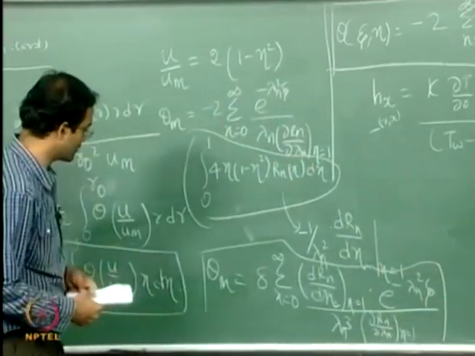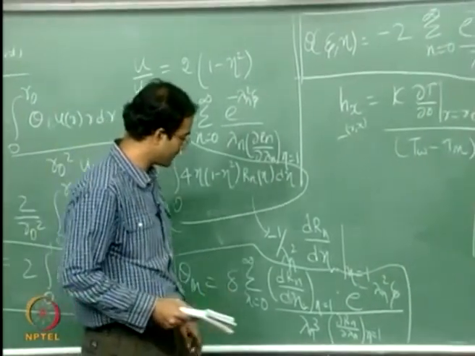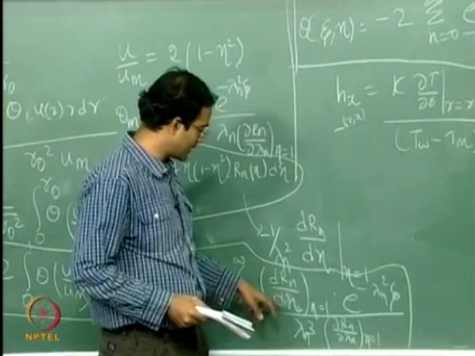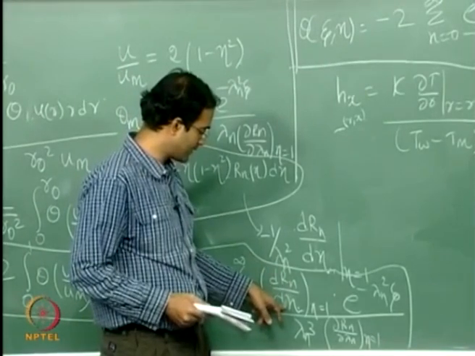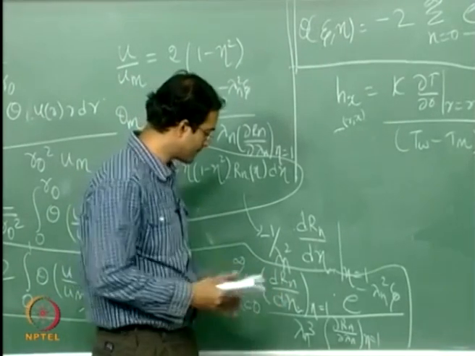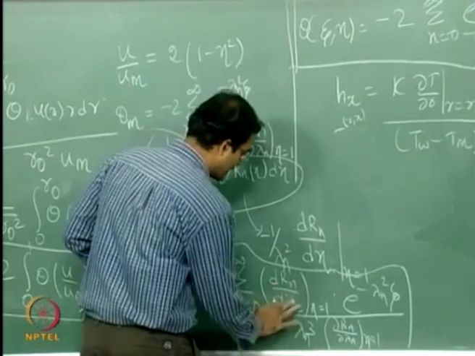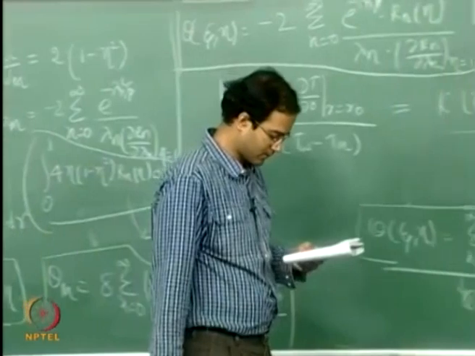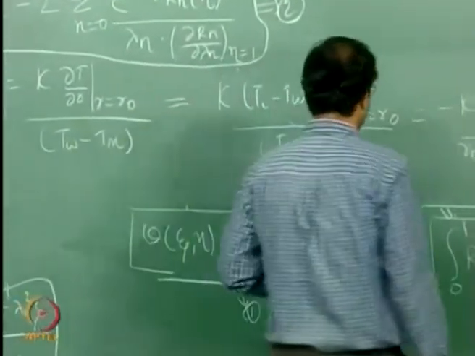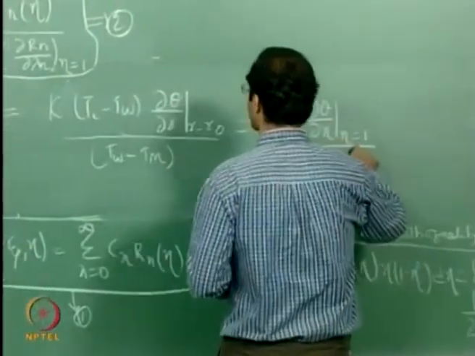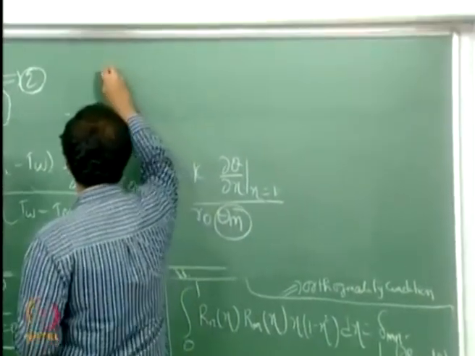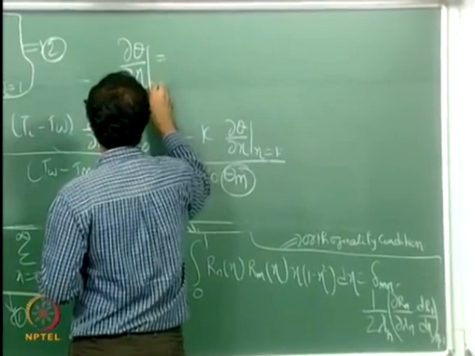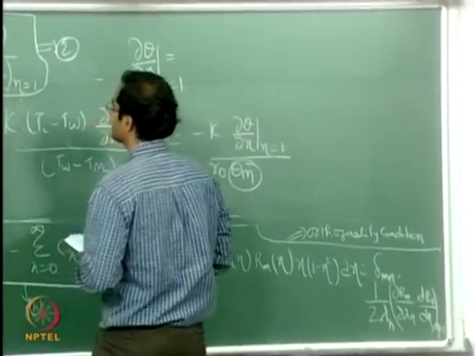So now you have a closed form expression for theta m as a function of the eigenvalue and the derivative of the eigenfunction, both with respect to eta as well as with respect to lambda. Now we still need to find d theta by d eta at eta equal to 1. What is this value?